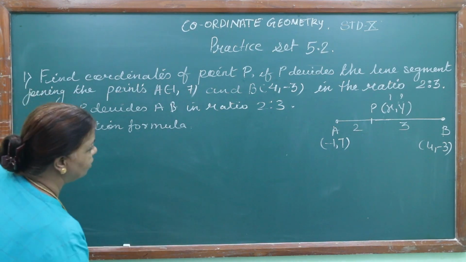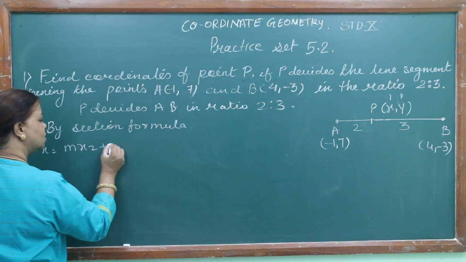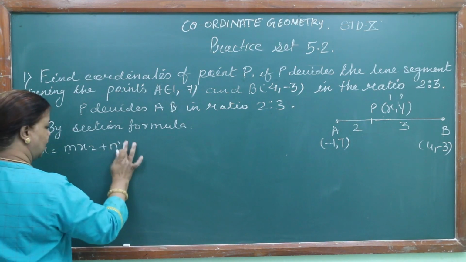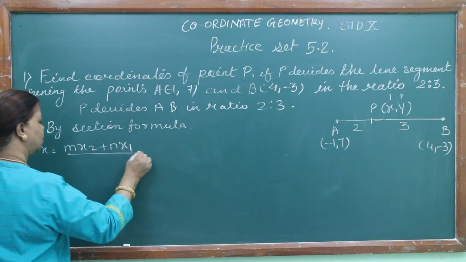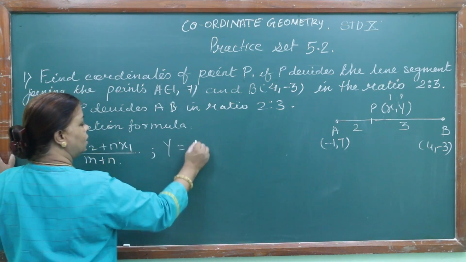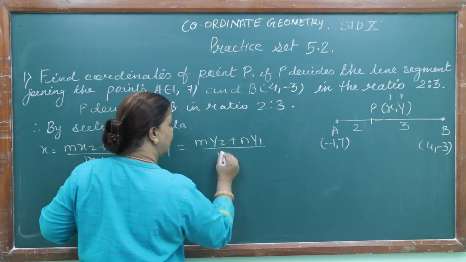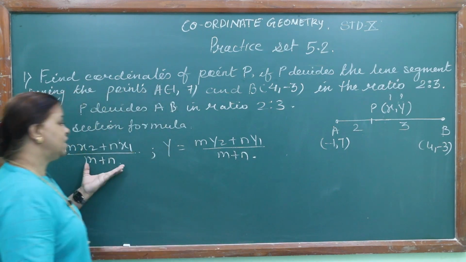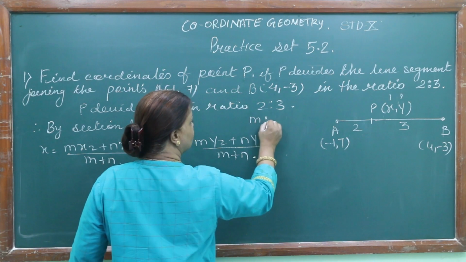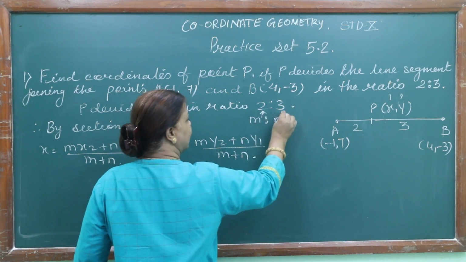And that section formula, you know, x is equal to m x2 plus n x1 upon m plus n, and y coordinate would be m y2 plus n y1 upon m plus n. And now we just need to place the value, and the ratio is m is to n, m is 2 and n is 3.